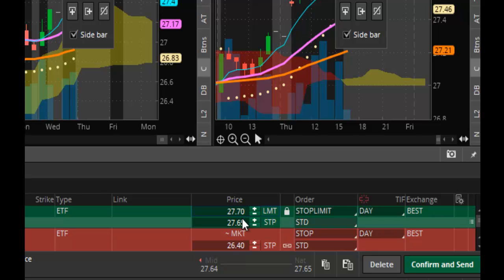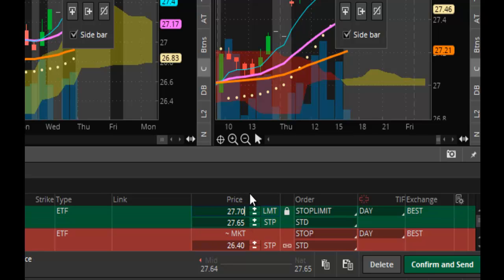Meaning that it can only trade in the 27.65 to 27.70 range. It can't slip you more than what you tell it in the limit. You could have put this limit anywhere you wanted. You could have said 27.65 stop on a $30 limit, giving yourself several dollars of room.